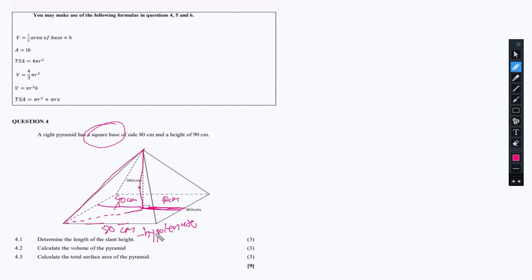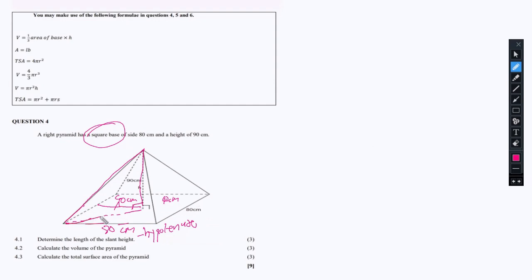Looking at this, we can see that we have formed a right angle triangle, and our slant height here becomes that. So that becomes our slant height. Even if we look at it from this angle here, that's the 40, and then our slant height, we can see it.